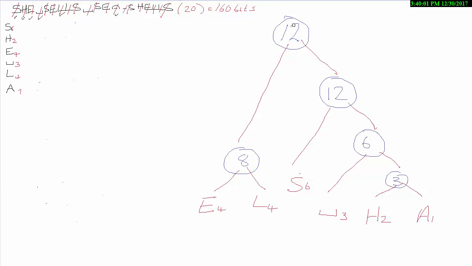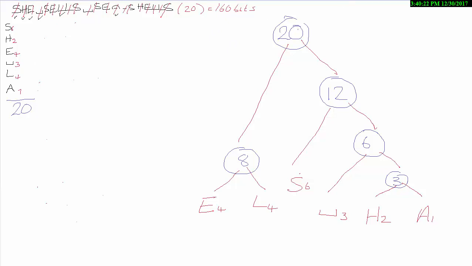Let me fix that. I just looked at a different number. So that is your 120. So we have 20, 6, 7, 8, 12, 15, 19, 20. 20 different characters represented here by 120 bits.